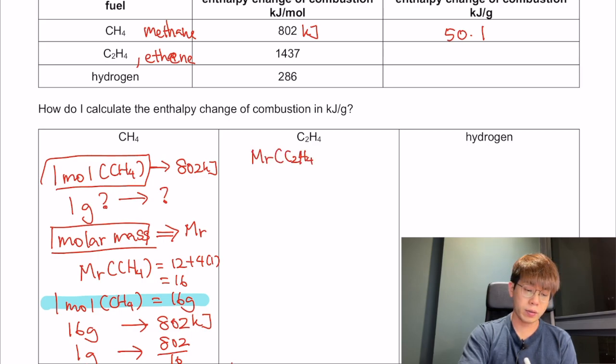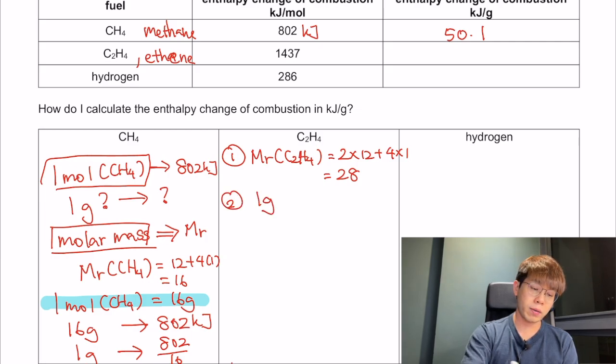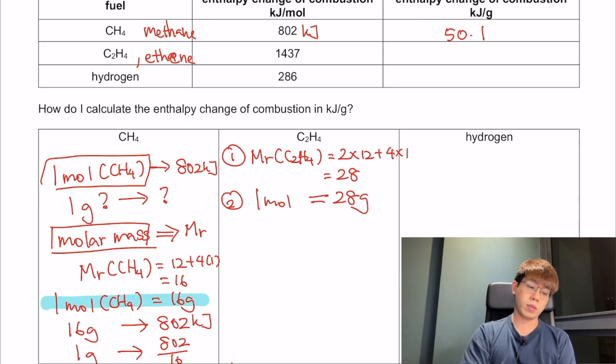So this is step 1. And we found out this is 2 times 12 plus 4 times 1. That is 28. And what does this 28 mean? This is step 2. It means that 1 mole of ethene is equal to 28 grams.